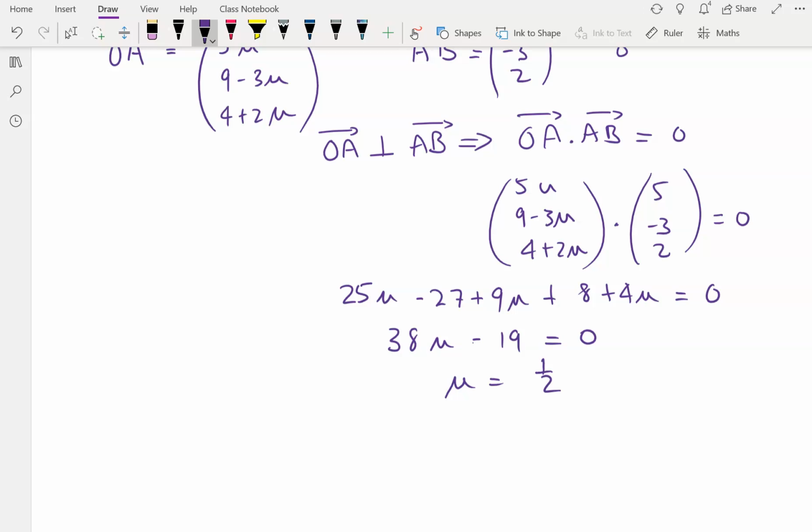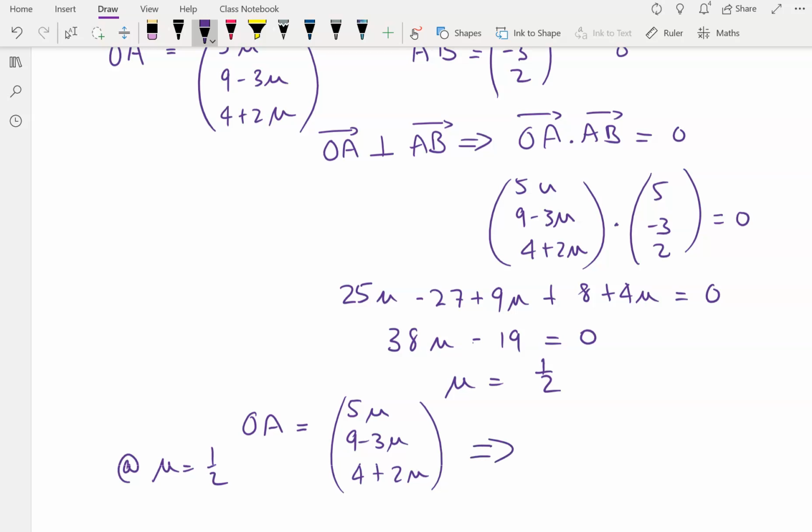In which case, I can go back to that position vector OA, and that position vector OA, if you remember, was 5 mu, 9 minus 3 mu, and 4 plus 2 mu. I'm going to substitute in the value of mu being equal to a half.